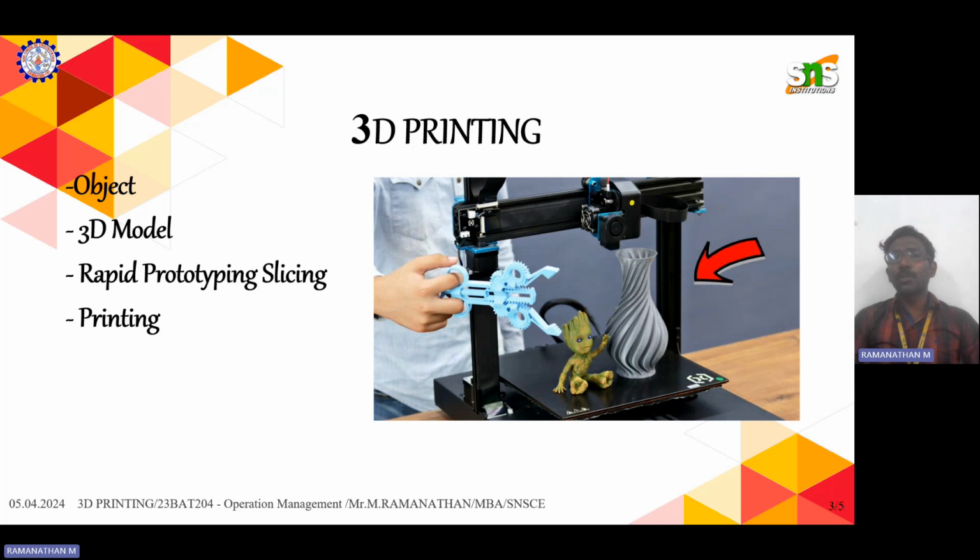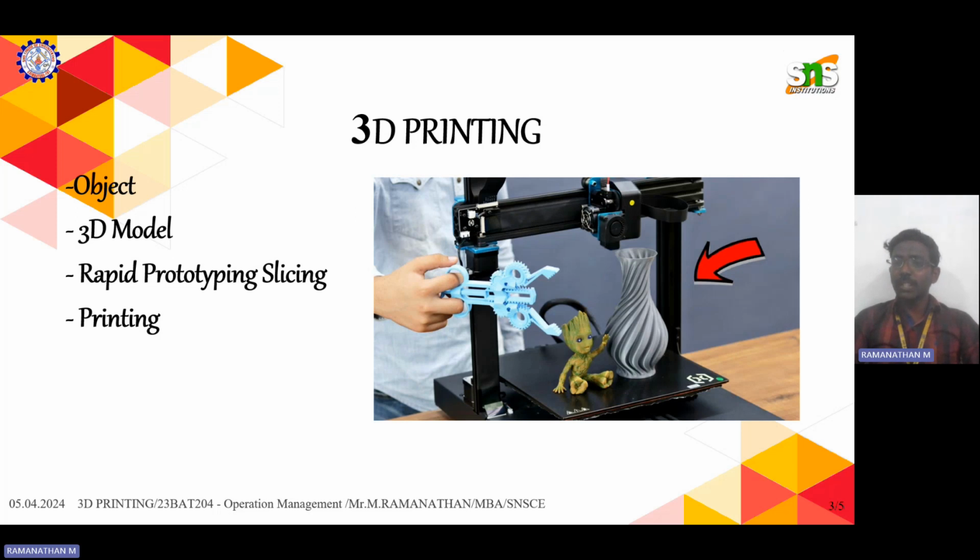Next is rapid prototyping slicing. Within half an hour or 20 minutes, the object will be created in this 3D printing. That's the advantage of using this.